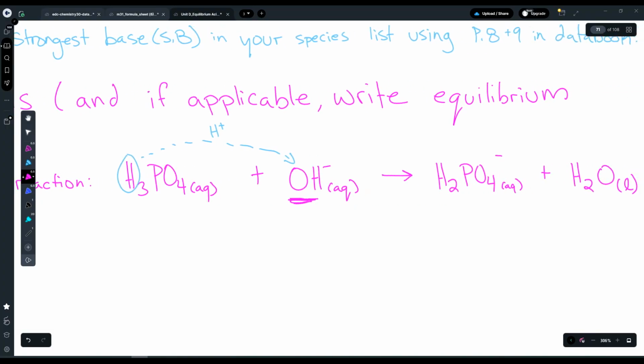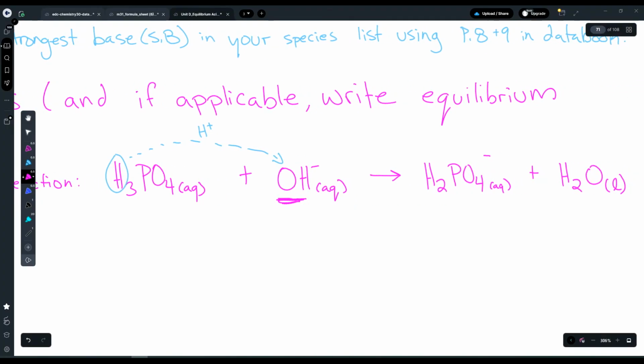For the following reaction, I'm going to keep on reacting the conjugate base of my acid to show that it loses another hydrogen.